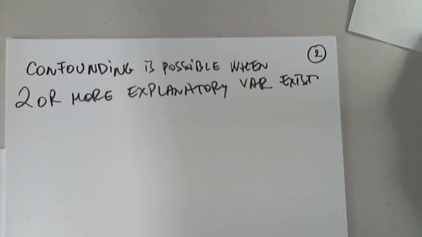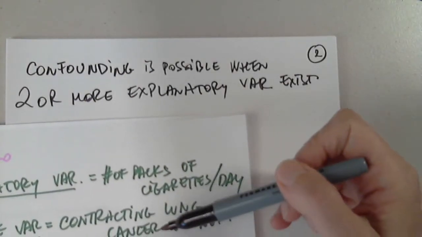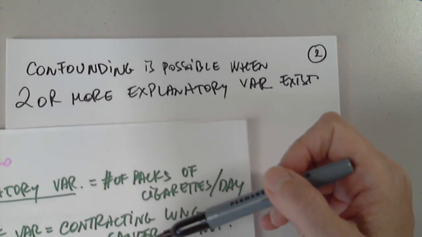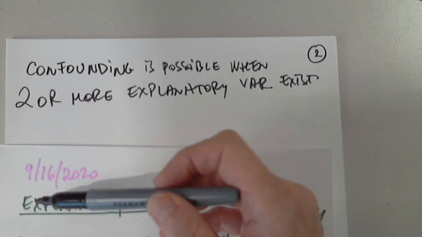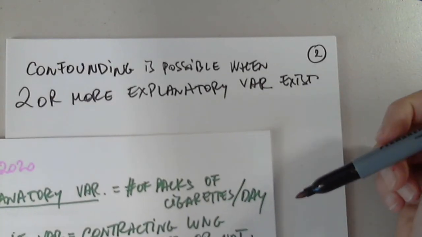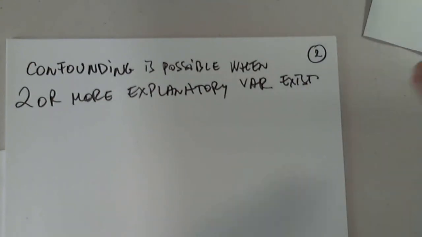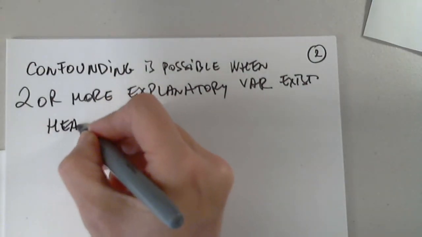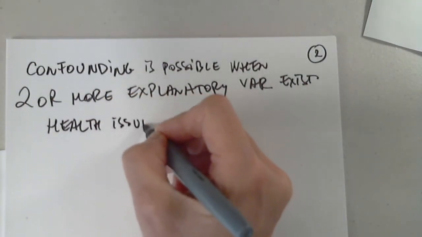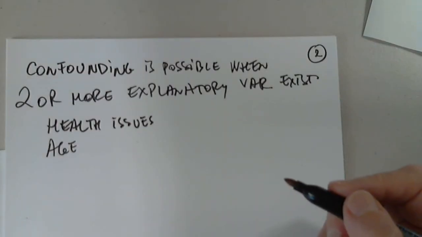So if I go back for a moment to the study with packs of cigarettes and cancer, we only analyze the explanatory variable here as being the number of packs of cigarettes. But who knows? Maybe they have health issues. Maybe age is a problem.